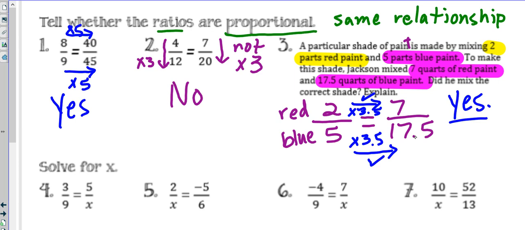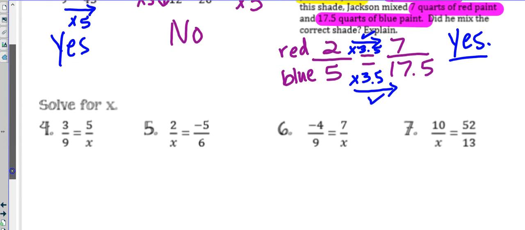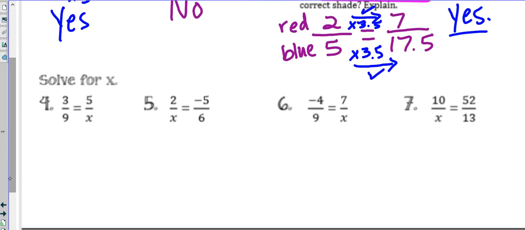Let's look at some examples now that we know how to tell whether ratios are proportional. We're going to look and solve for x. So what if we have a missing number? For number 4, we have 3/9 is equal to 5 over some number. Again, I'm looking for relationships.